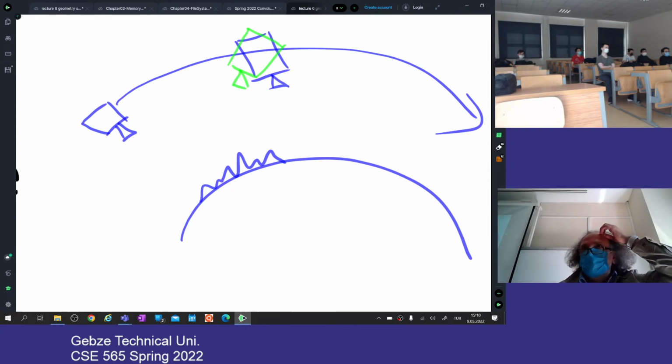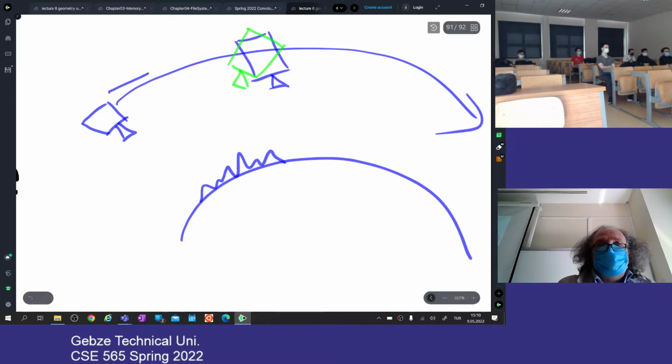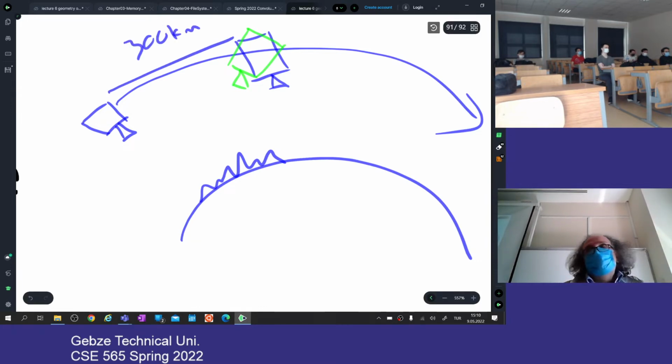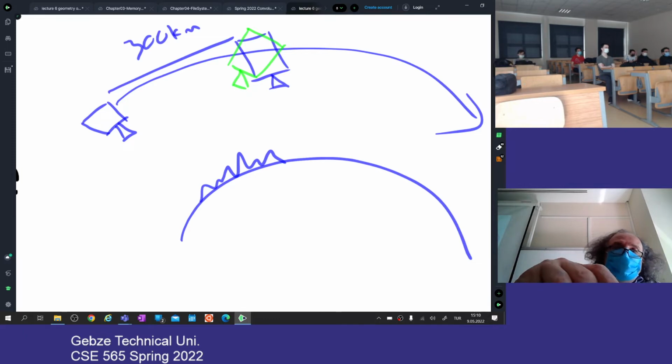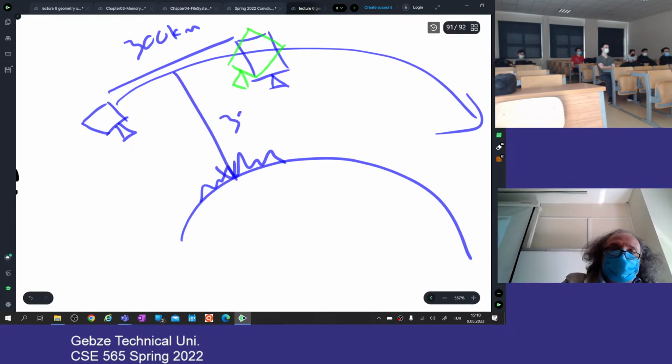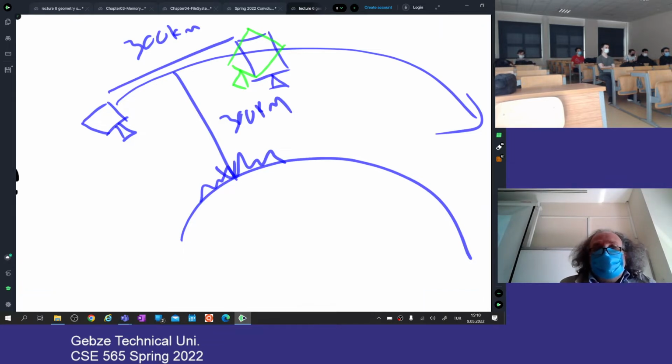It makes a very nice stereo pair, and the baseline is maybe 300 kilometers. Very nice baseline, very nice depth, and using this you can get the three-dimensional structure of the world, or the moon, or the Mars, or whatever you are looking at, right?